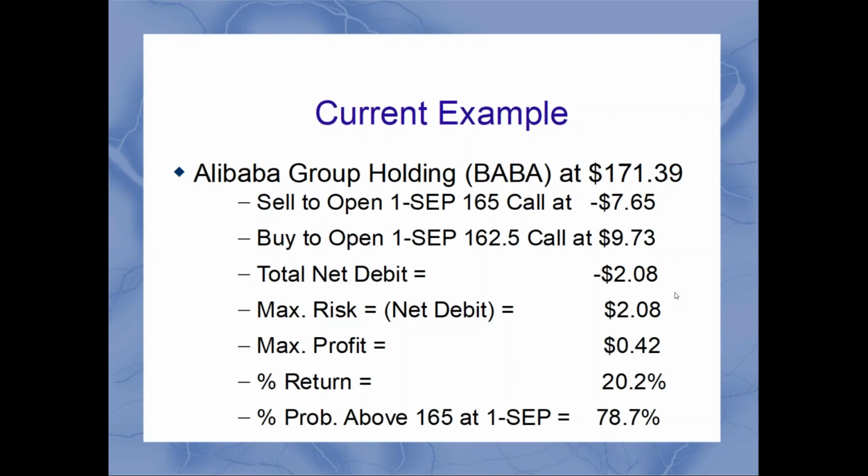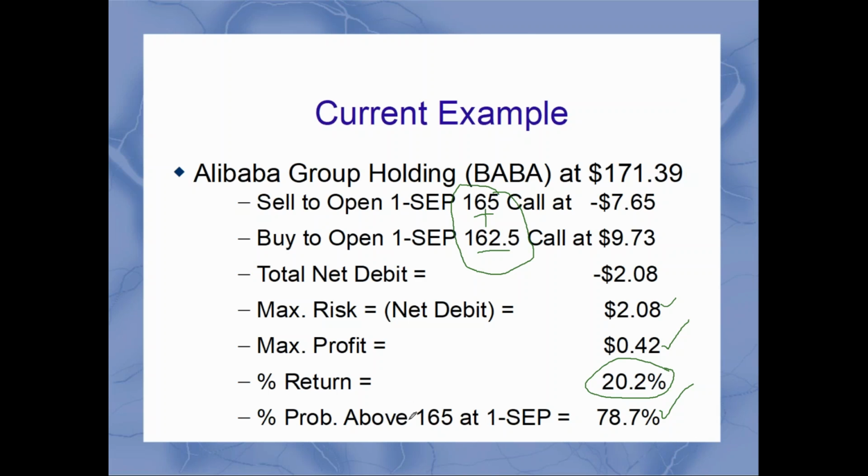What's the maximum profit? Well, if all goes as planned, remember, I'm going to close out these two legs, either by buying to close the short call, the 165, and selling to close the long call, 162.5, and I'll get close to 250 back. But I paid 208, so I'm looking at a 42-cent max profit on an investment of 208, which is a 20.2% return on investment. The probability is the same.